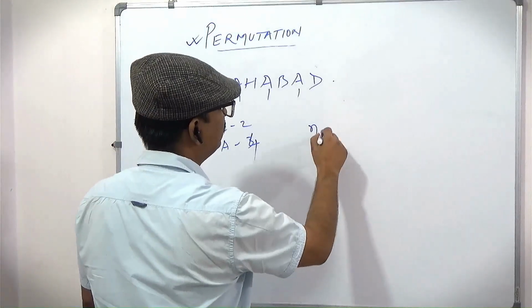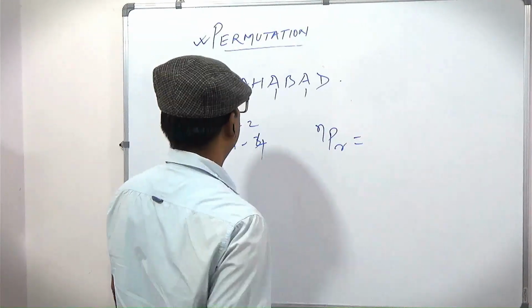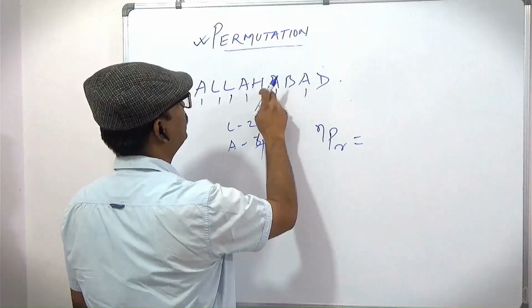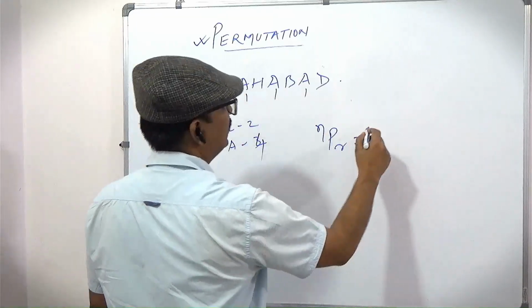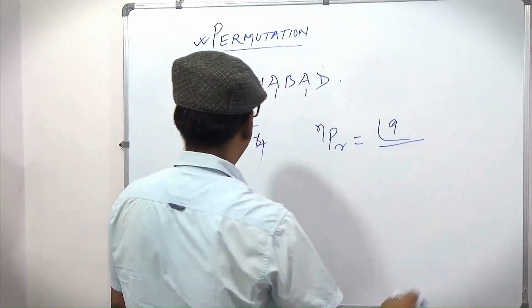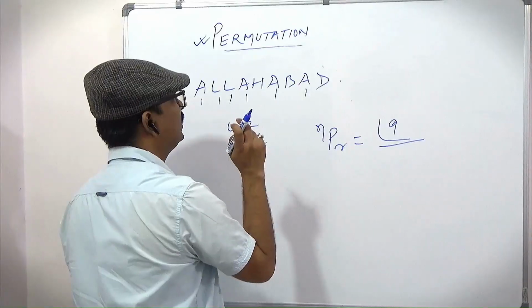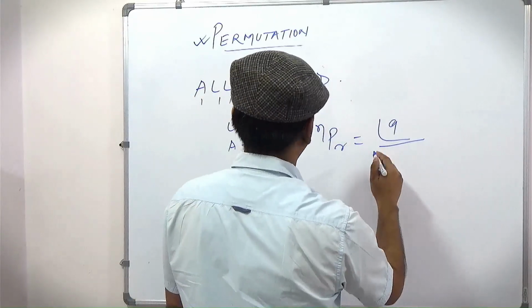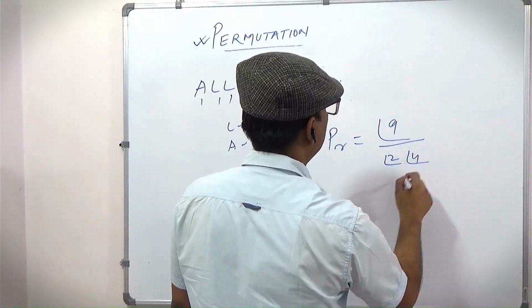So the number of words that can be formed will be, this is 1, 2, 3, 4, 5, 6, 7, 8, and 9 letters, so factorial 9 by factorial 2 into factorial 4. Others are different.